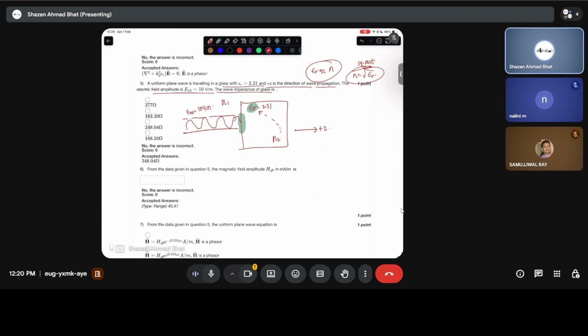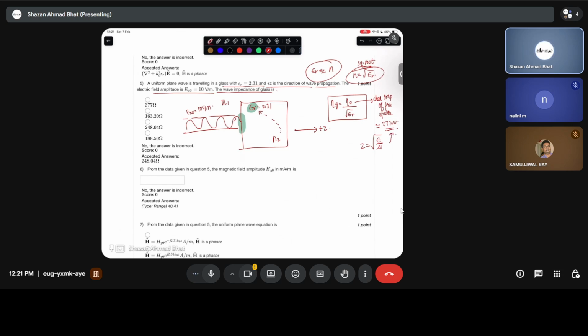We can write the impedance of the glass as the intrinsic impedance divided by the square root of epsilon r. This is the characteristic impedance of free space, and it's around 377 ohms. You can take the ratio of mu divided by epsilon, and you get this particular value.